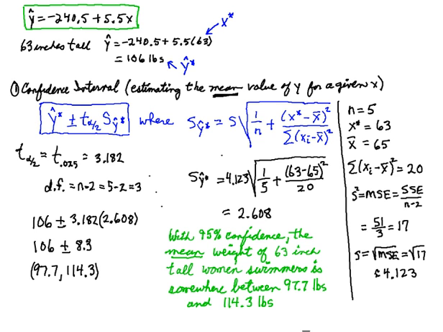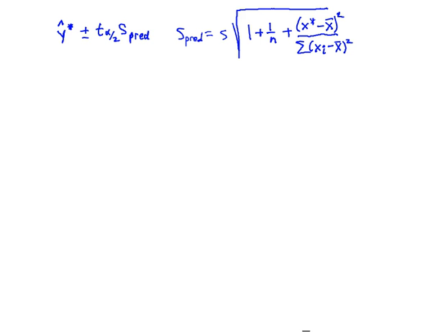Now, the next confidence interval we want to do is a prediction interval, and it is predicting the weight of a particular woman swimmer who is 63 inches tall. For that one, we have the formula. Notice that the standard error here is given by a different formula.